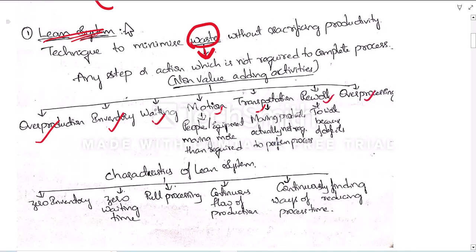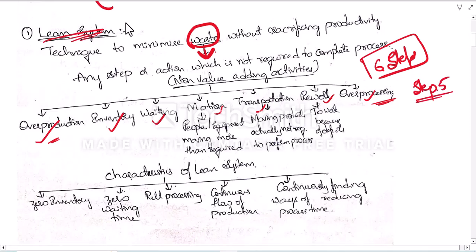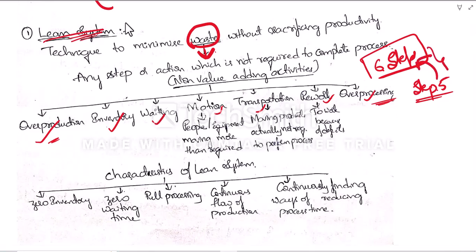See, how can overproduction or overprocessing become a waste? Because we are doing 6 steps to complete a product and sell that, but we can also sell it at step 5. It doesn't matter for any customer whether they are doing this step or not, when this is not any value adding activity.